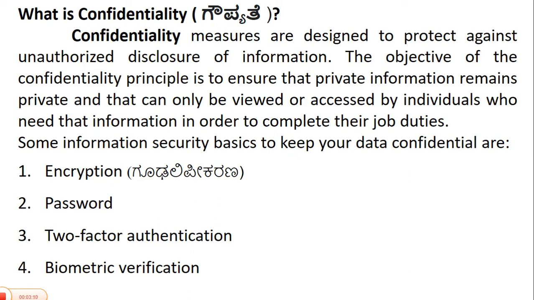Some information security basics to keep your data confidential are: first, encryption; second, a password; third, two-factor authentication; and fourth, biometric verification. By using these four points, we can secure our data.